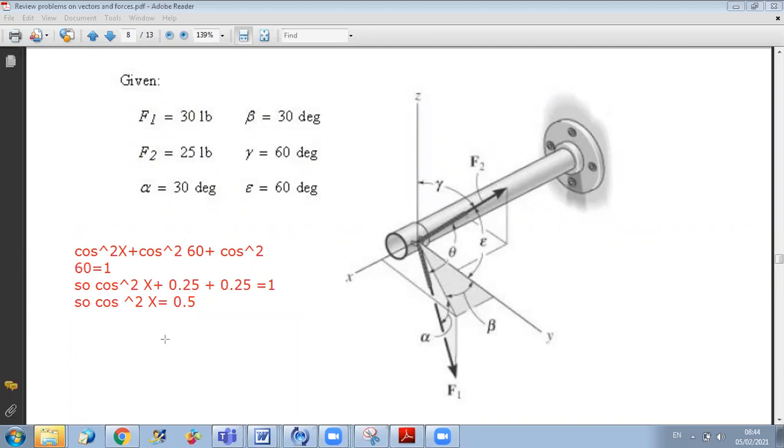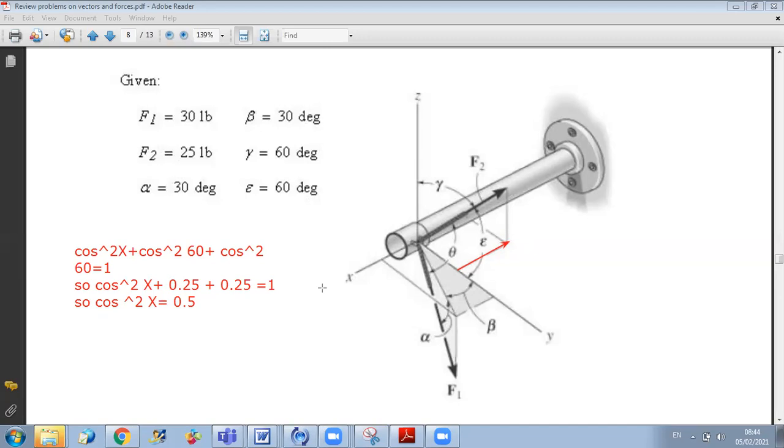So to know if I should take the negative value or the positive value, I should look at the sign of fx. If the sign of fx is positive, then I take cosine x positive. If fx is negative, then cosine of big X will be negative, because to have a positive projection along x, the angle between f2 and x should be smaller than 90 degrees.